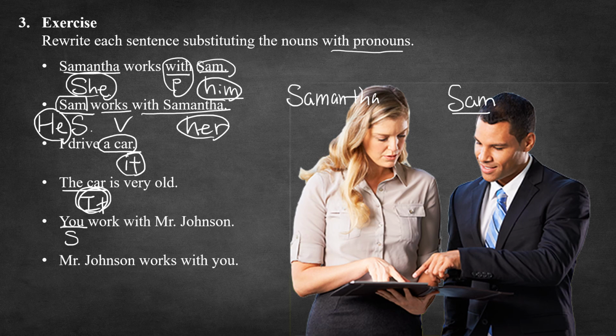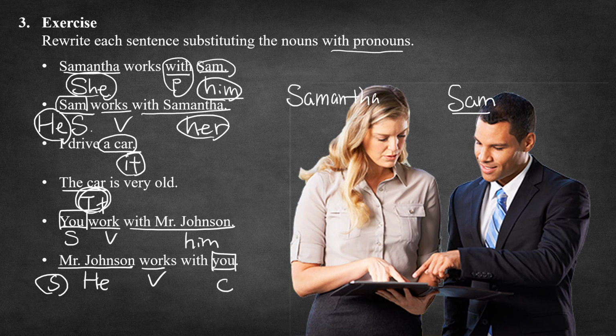You, subject, work, verb, with Mr. Johnson. Again, this is complement. So you is the subject and Mr. Johnson is him. In the second sentence, Mr. Johnson is he as the subject, works verb with you.